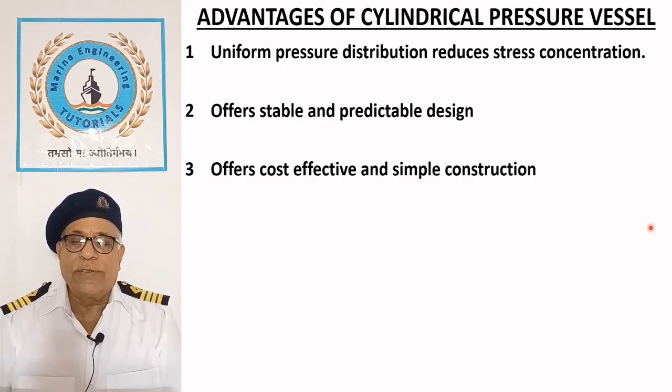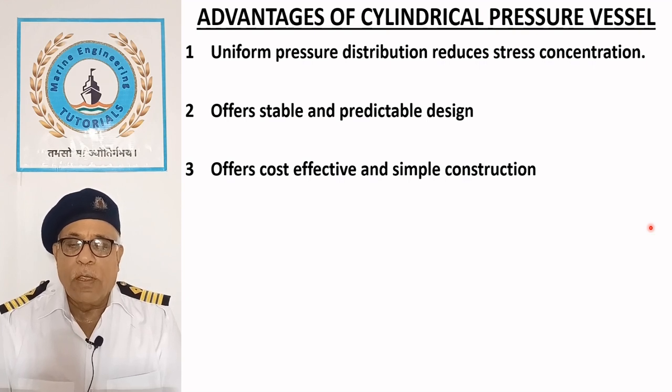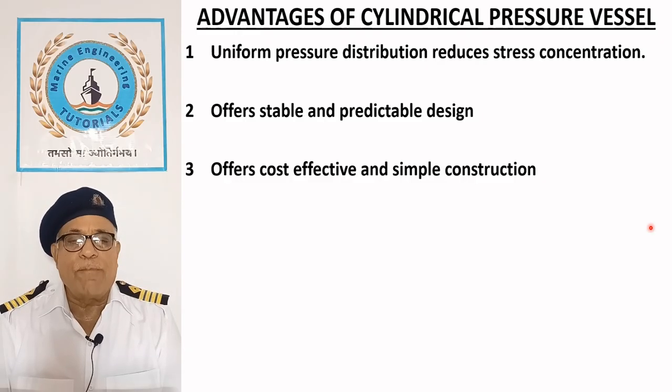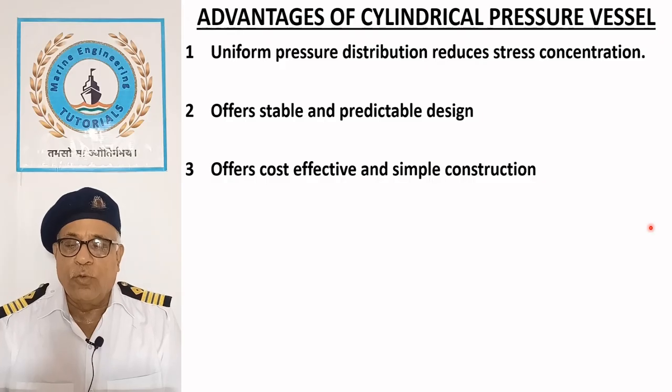Cylindrical pressure vessels are more cost-effective compared to other shapes and are easier to fabricate. Rolling metal sheets and welding them together is simpler than fabricating complex shapes. Additionally, cylindrical vessels are easier to inspect and maintain.